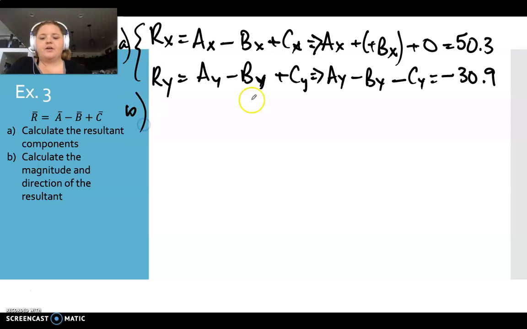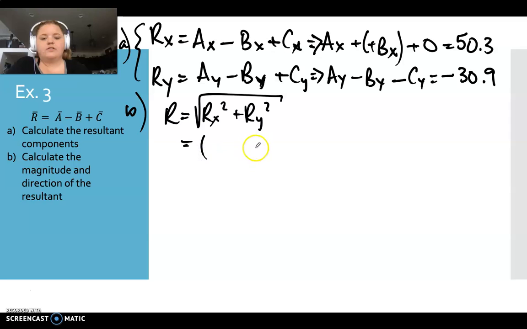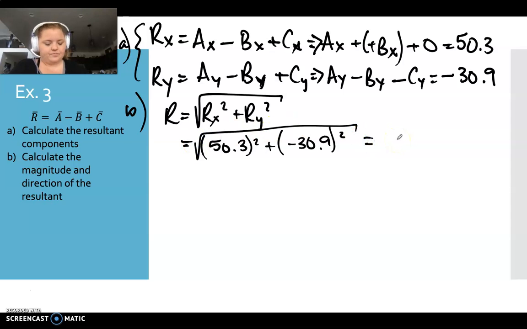Now for part B, we will do the same thing. So we have r equals rx squared plus ry squared, square rooted. So we have 50.3 squared plus negative 30.9 squared, square rooted.